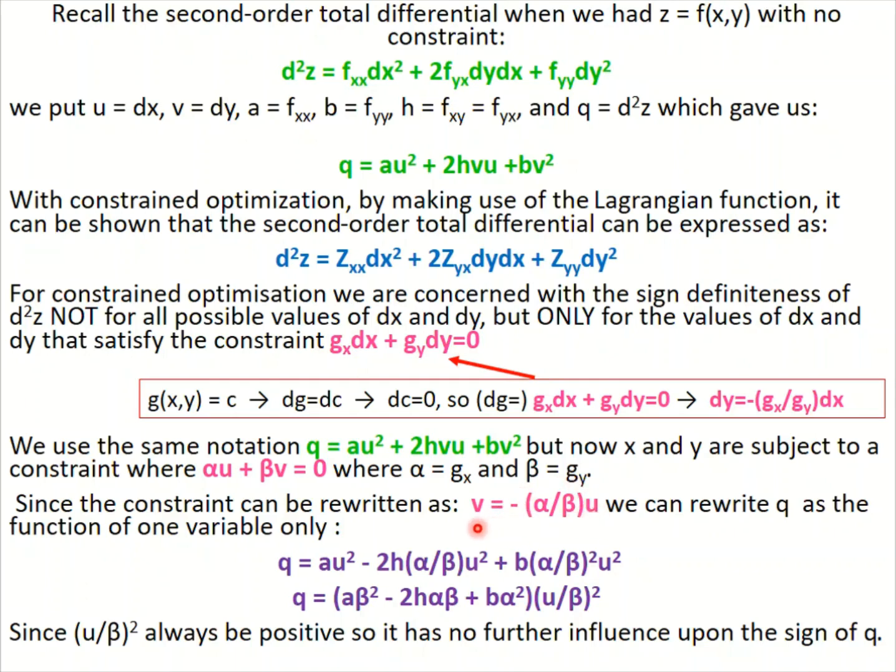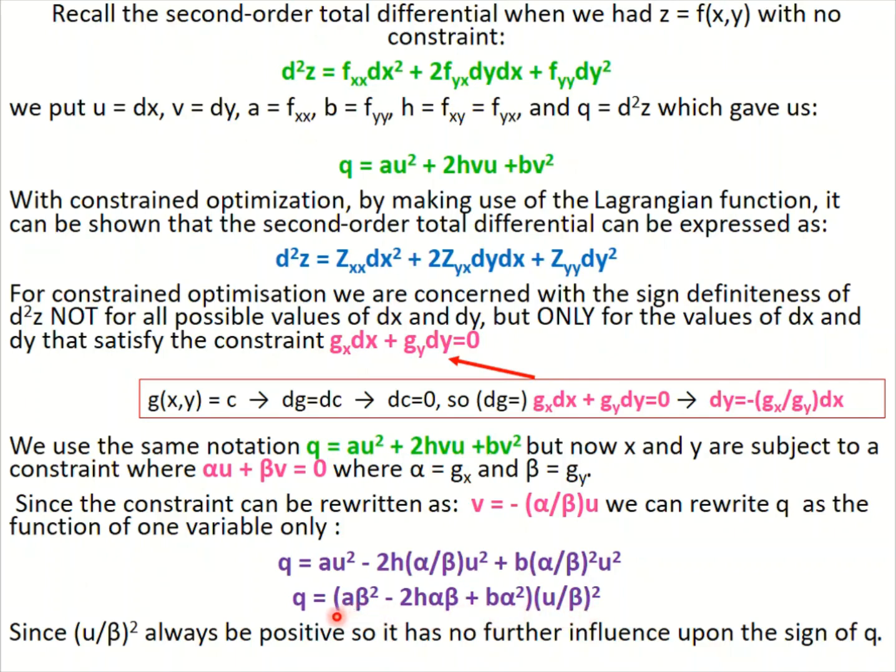So wherever we see v here, we can substitute in what we have on this side. That is what we are seeing in this line here. We're substituting in for v, and then by rearranging, we end up with what we have in this final line here.